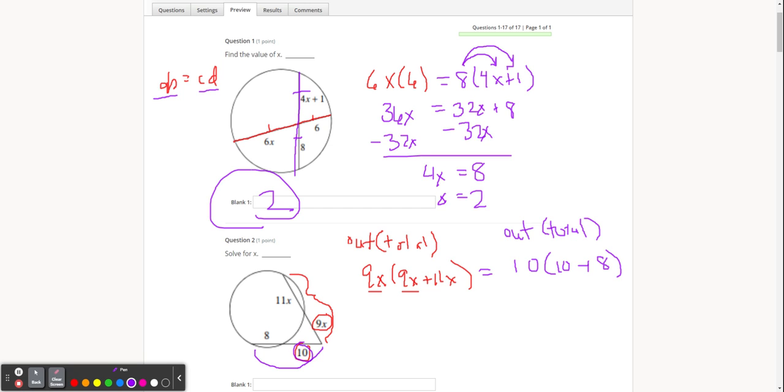I do it sometimes. So 99 and 80 is 180. So 180x equals 180. And what's 180 divided by 2?